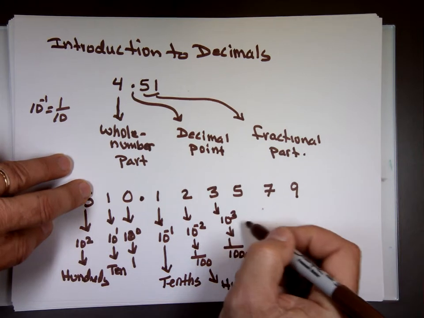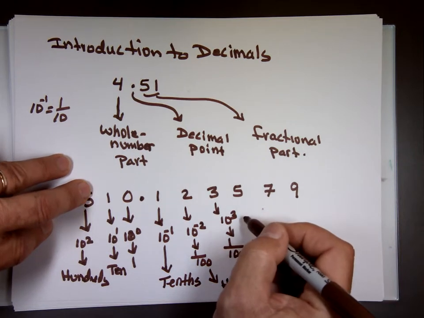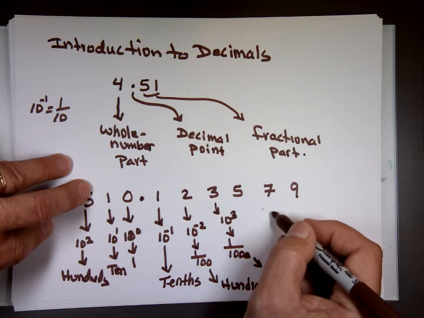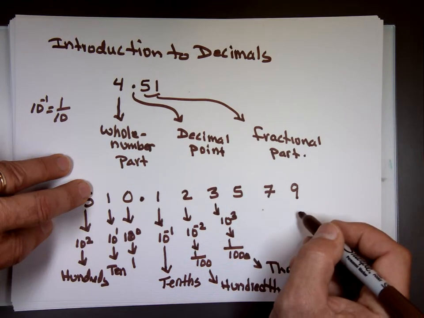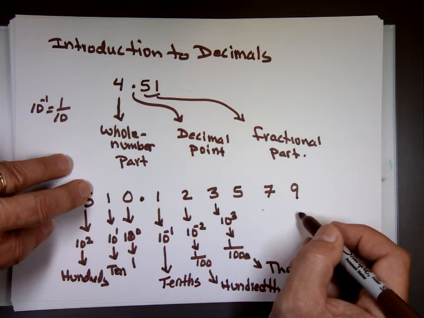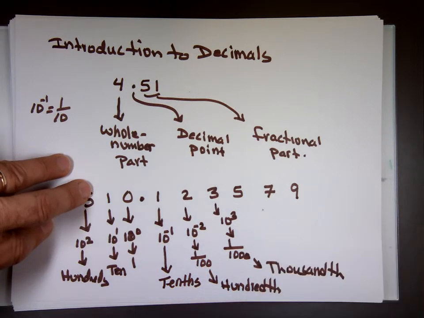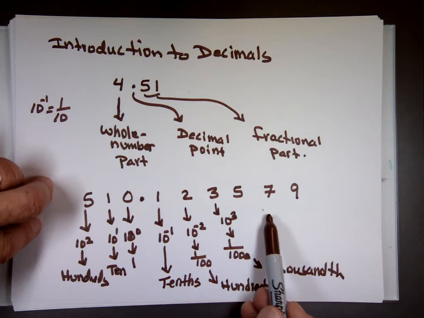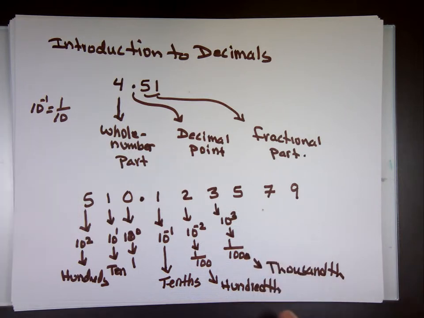What comes after thousandth? 10,000th. 100,000th. Then millionth. So there is no oneth. We start with tenth, hundredth, thousandth, 10,000th, 100,000th, and millionth to the right of the decimal point.